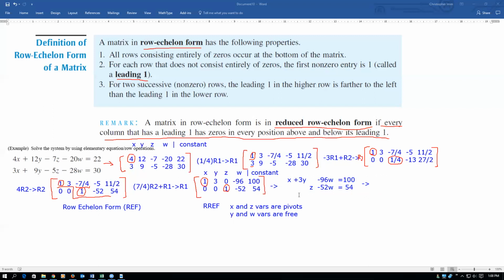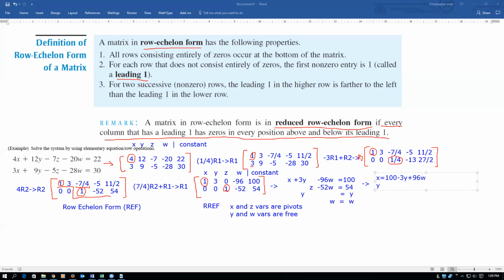Sometimes when I do have a free variable, like y and w, what I will do is say y is free, so y can be whatever it wants to be. I'll say y is equal to y. It's only with free variables. And w can be whatever it wants to be. So w is equal to w for all real numbers. So this would really be my system here. I should be able to solve for my pivots in terms of the free variables. So if I subtract 3y over and add 96w over, I solve for x.